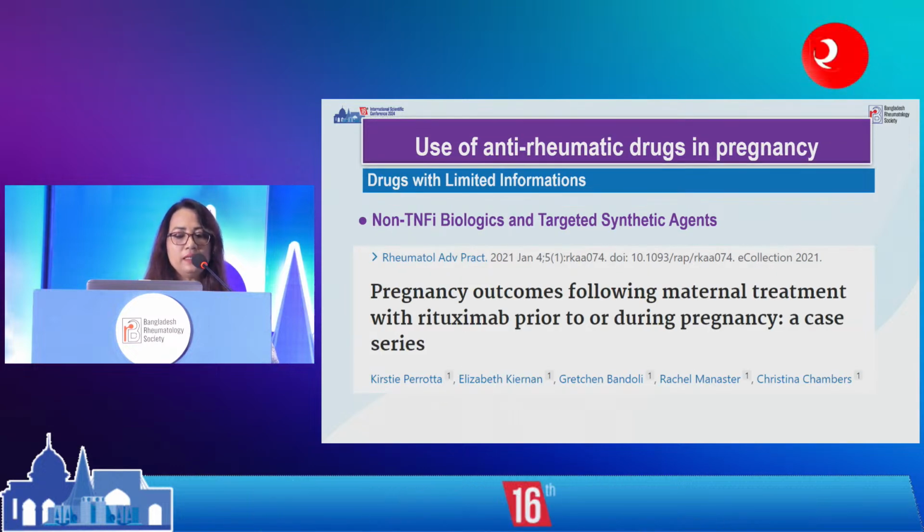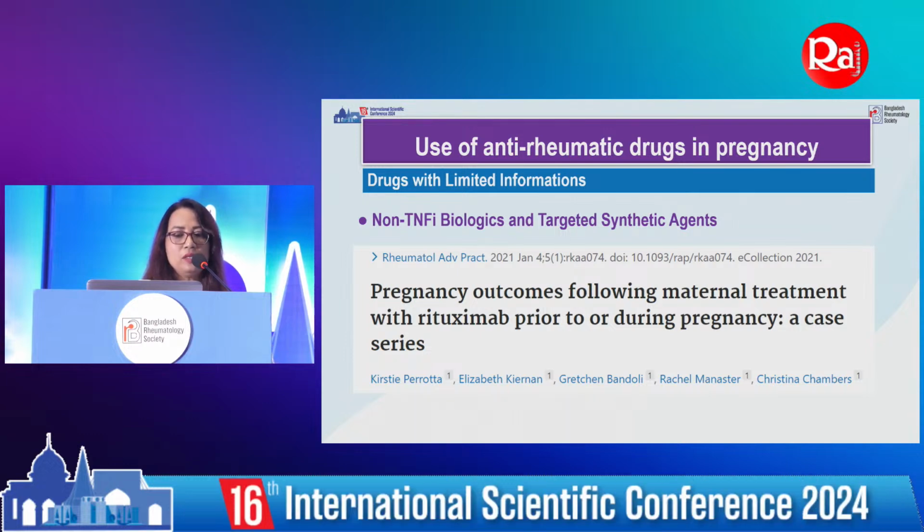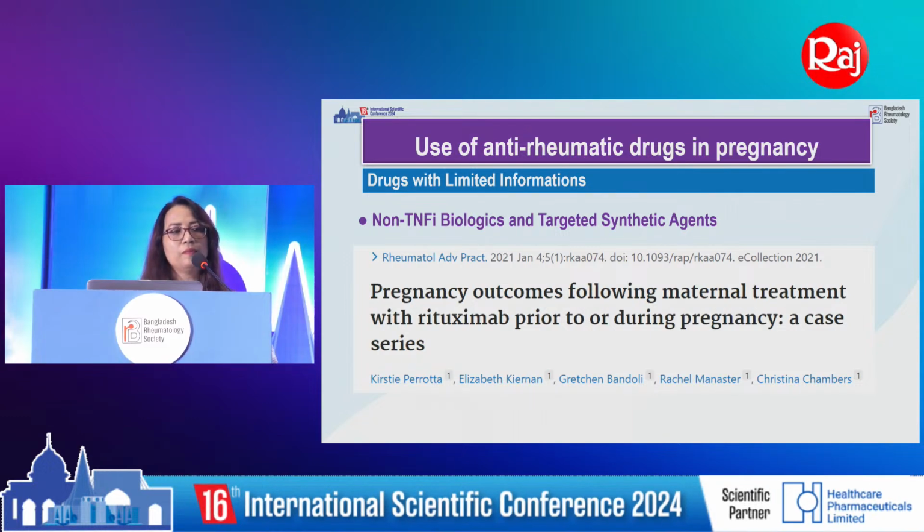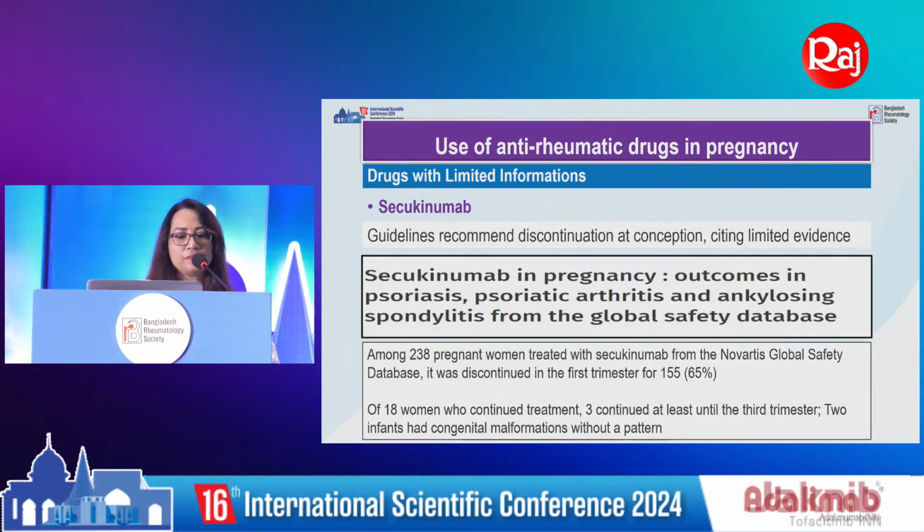So here is a case series of rituximab use, where they show that there are some patients who came up with a successful pregnancy, but we need more data for recommendations.